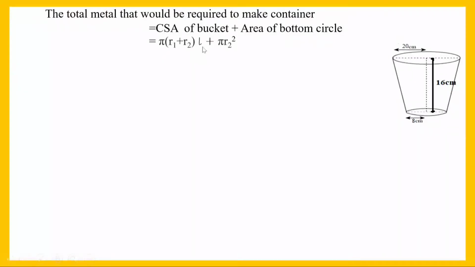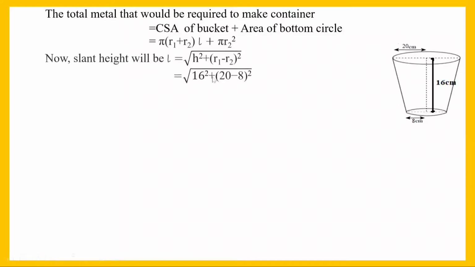The slant height L will be given by under root of h square plus r1 minus r2 whole square. That is equal to 16 square plus 20 minus 8 whole square. That is under root of 16 square plus 12 square, that is under root of 256 plus 144, that is under root of 400, which is equal to 20 centimeters. So I have got the slant height to be 20 centimeters.